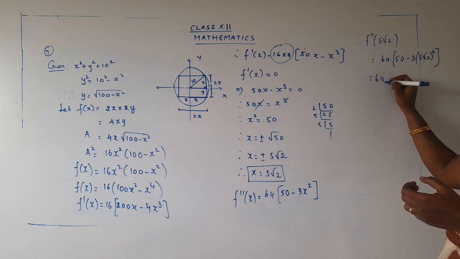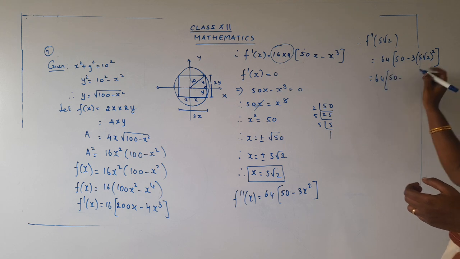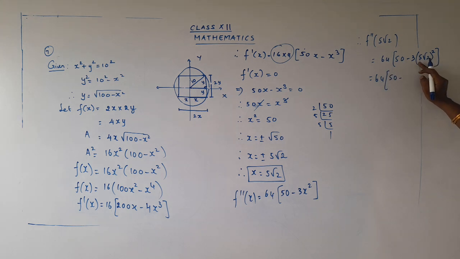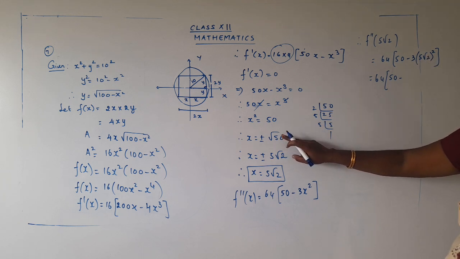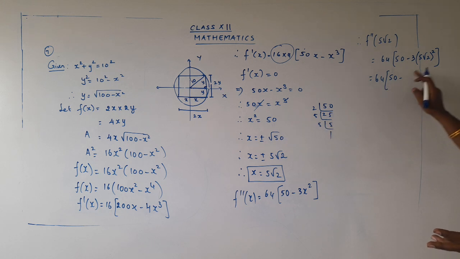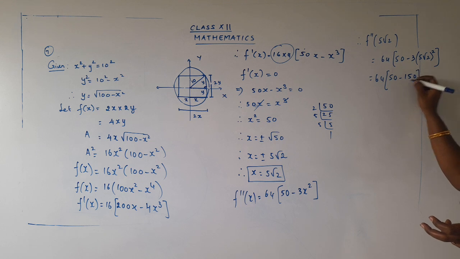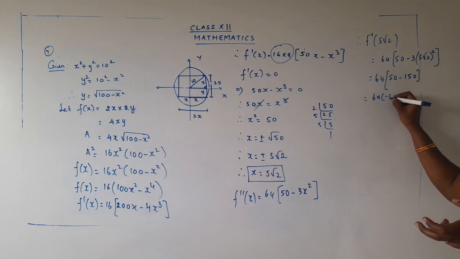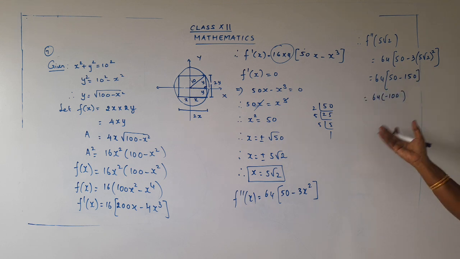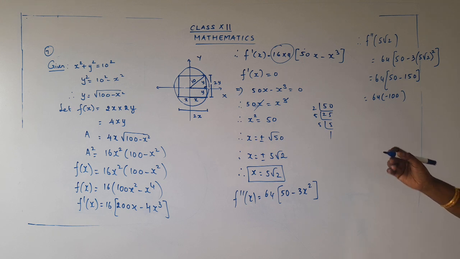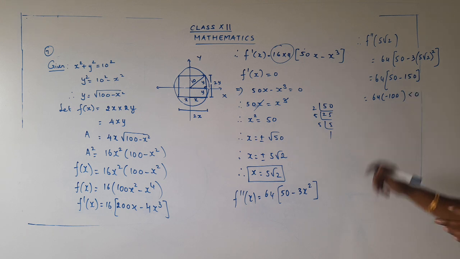This is 64, 50 minus 3 times 5 root 2 square, which is nothing but root 50 square. Root 50 square will be 50. So 3 into 50 will give you 150. So this is 64 into minus 100, I am going to get a negative answer. So you can just say this is less than 0.